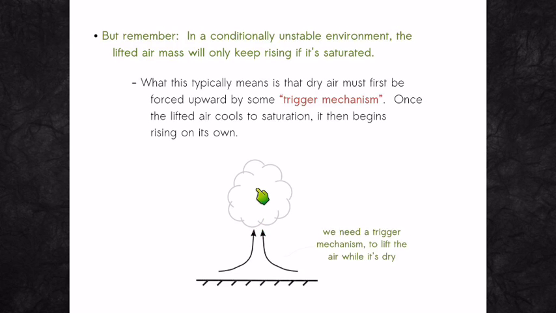This thing that pushes the air upwards until the cloud forms, that's called the trigger mechanism. We're going to need some trigger mechanism to lift the dry air to the point where the cloud forms. Then conditional instability kicks in and the cloud goes by itself at that point because it's warmer than the surroundings.